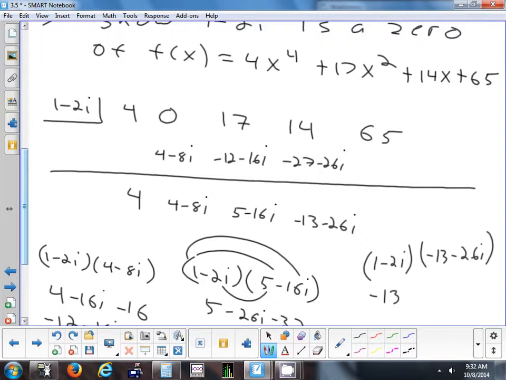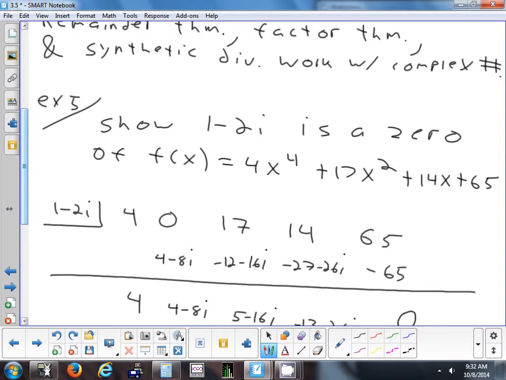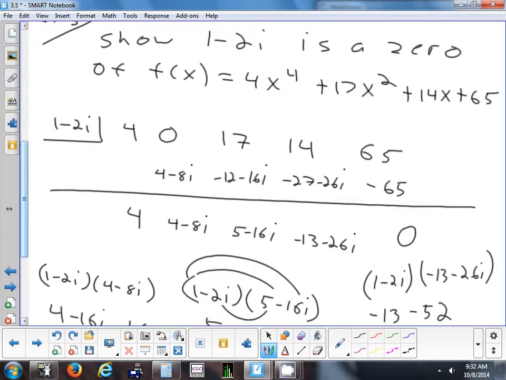Positive 52, but then the i squared is going to make it a negative 52. What's negative 13 take away 52? Good. Negative 65, remainder 0. That's what we wanted. That's the only one we're going to do like that.